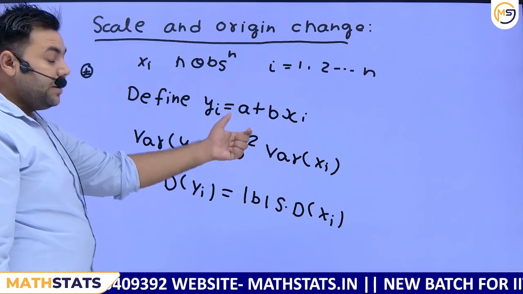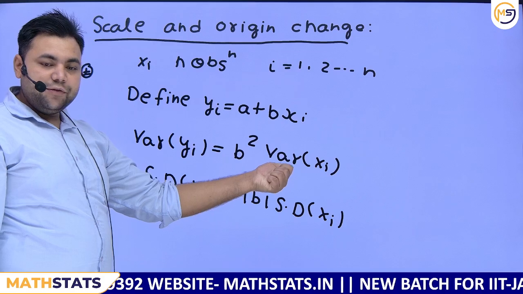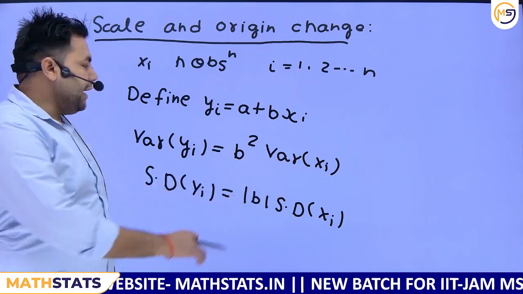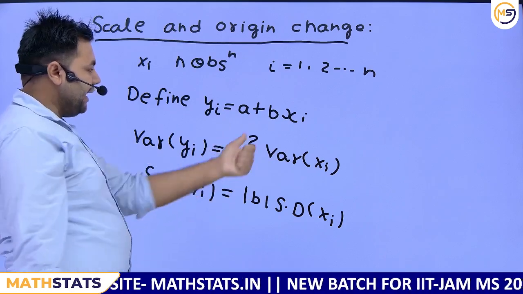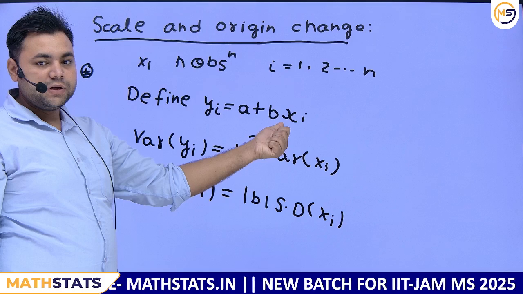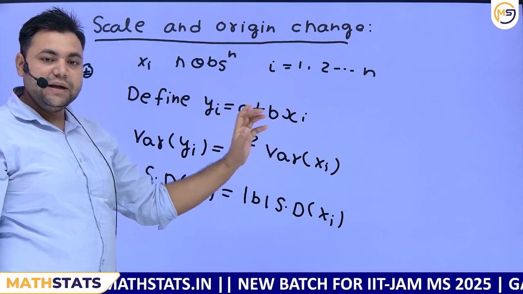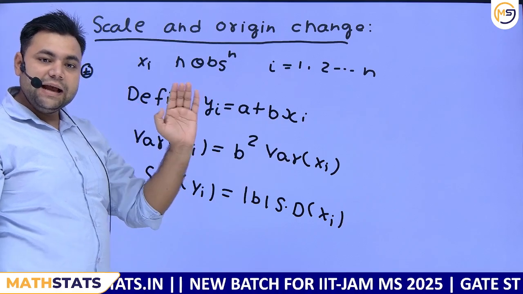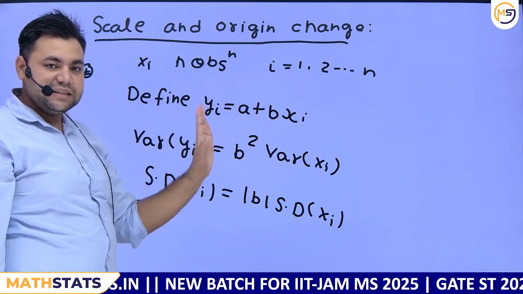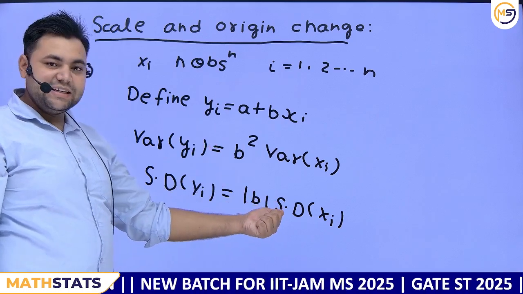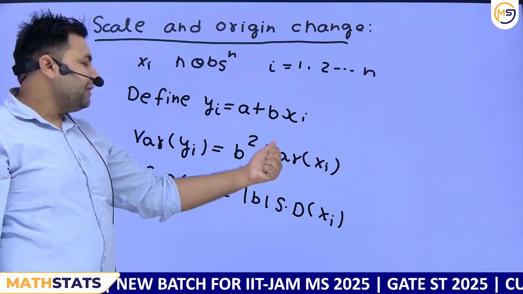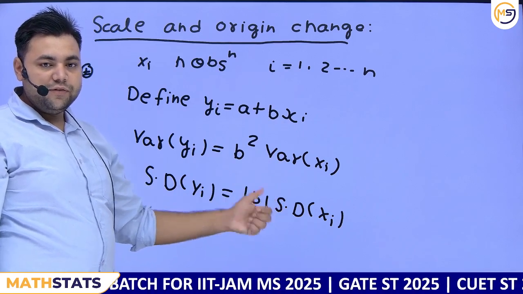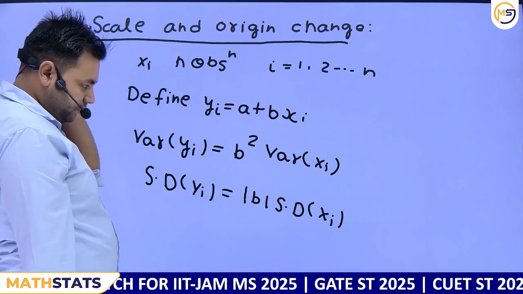Variance is not affected by change of origin, but it is affected by change of scale, and it is the square of that scale quantity. If we multiply or divide by any quantity, then variance also changes. If I add or subtract any quantity, then variance does not change. Similarly SD changes or does not change, because SD is the positive square root of variance.